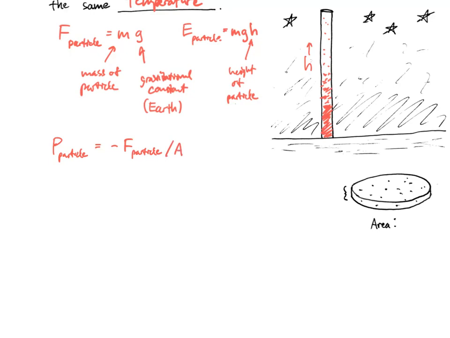Okay, so if you can imagine, I've got this circular column, and I've got a series of slices going down this column like that.